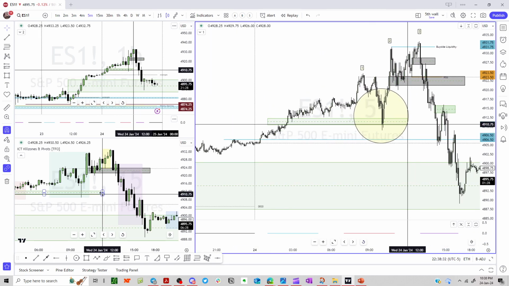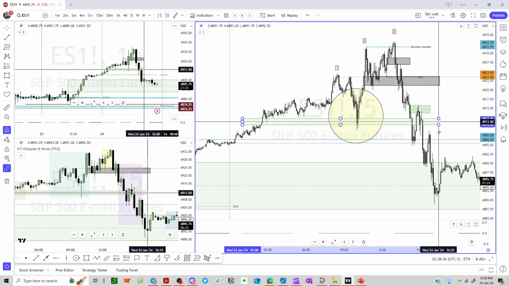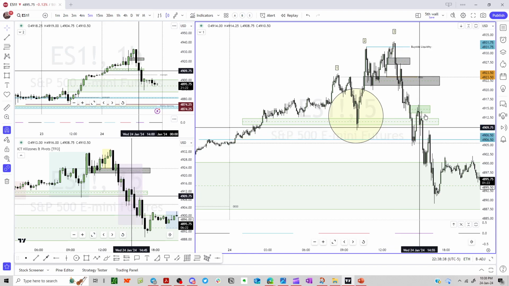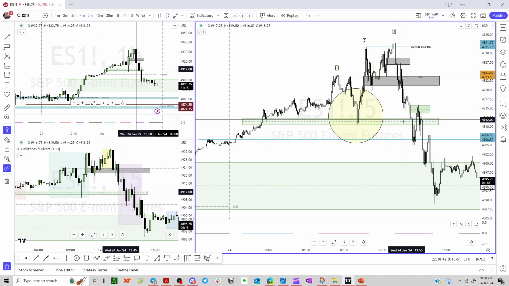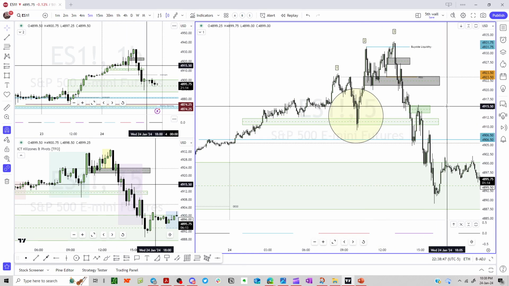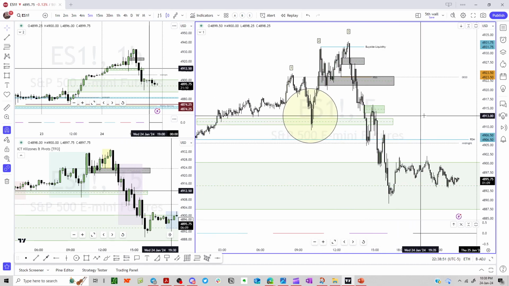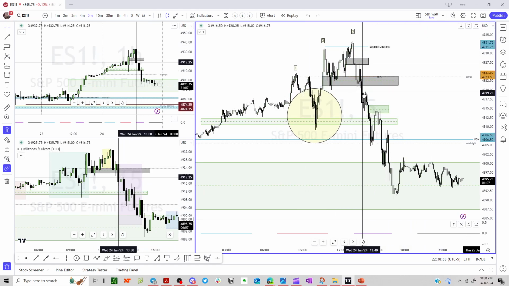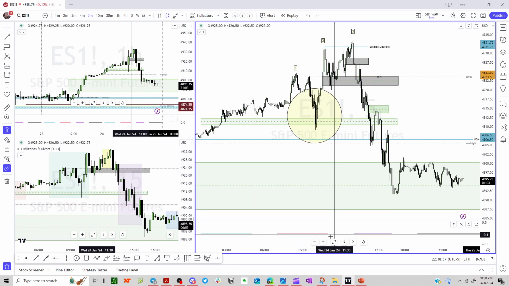And this is that old 1 hour fair value gap here. So yeah, to trade it back above it. You can also use this level, price not holding above this level here. And yeah, that's exciting, right?